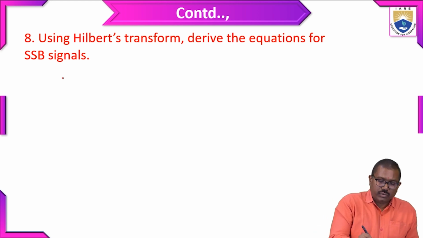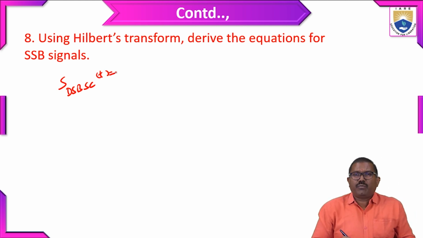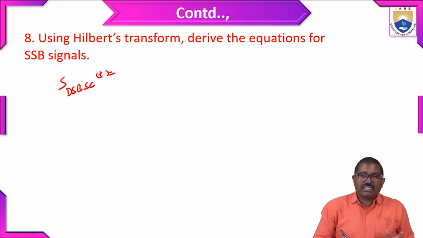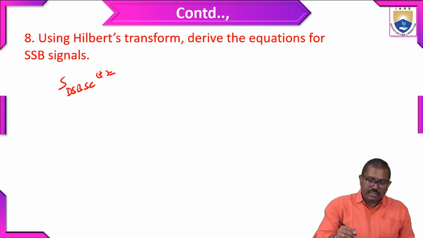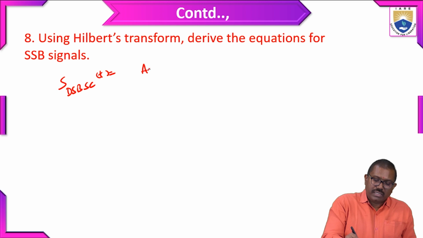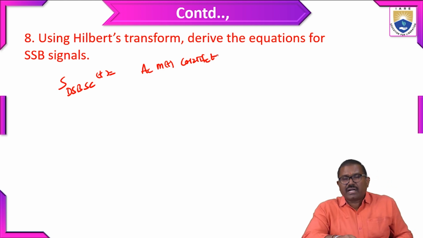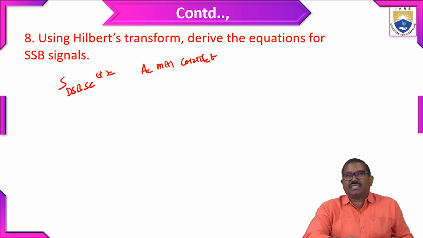First we require the DSB-SC of t, the time domain form of DSB. How do we get the DSB signal? Just multiply m of t with c of t: Ac m of t into cos 2 pi fc t. Here Ac cos 2 pi fc t is nothing but c of t, m of t is the message signal, and c of t is the carrier signal.